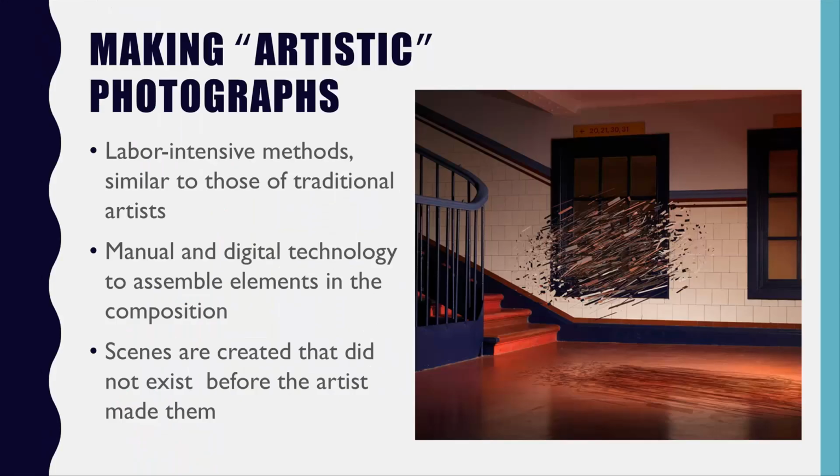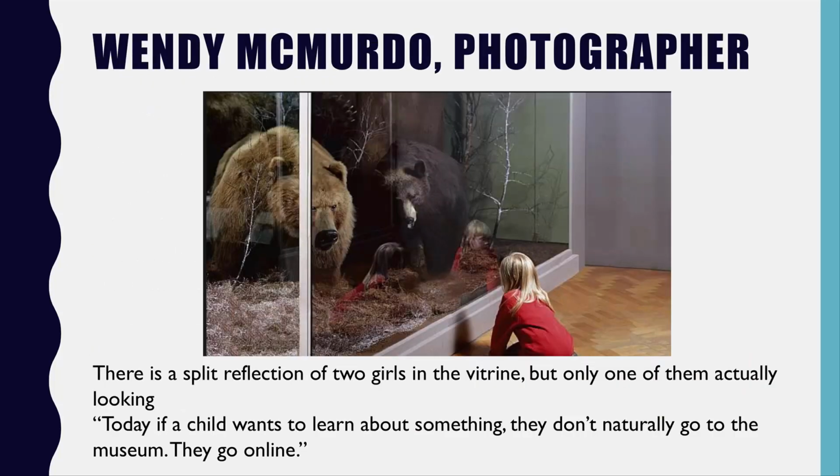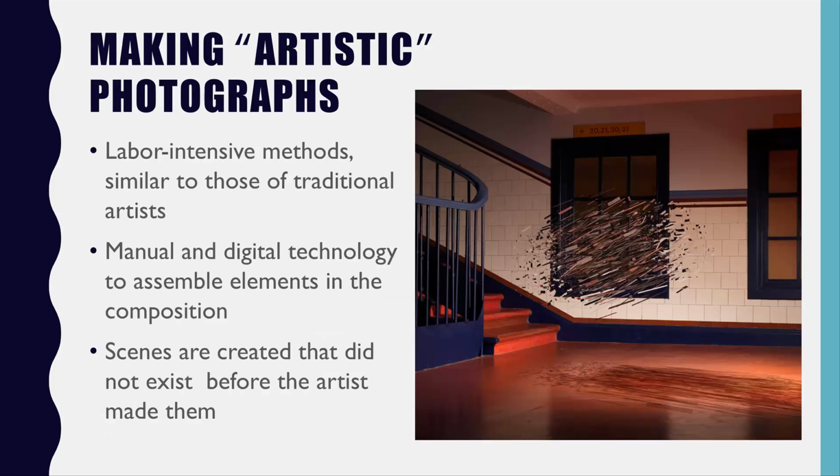So let's look at digital photography. I really thought this was an interesting artist. Her name is, I think, Wendy McMurdo. She's from Scotland, I think Scotland or London, England. But she has a really great video interview that was really neat to watch.